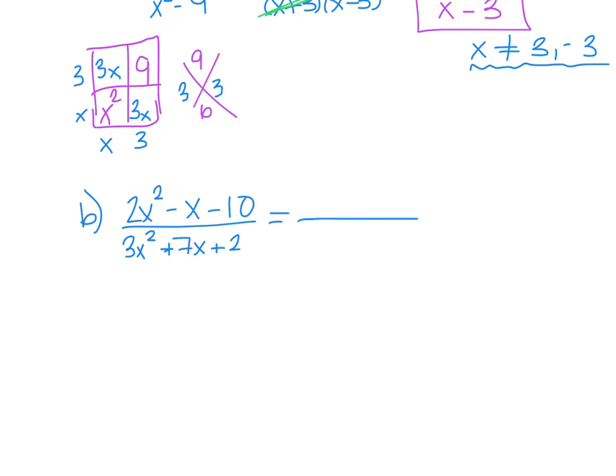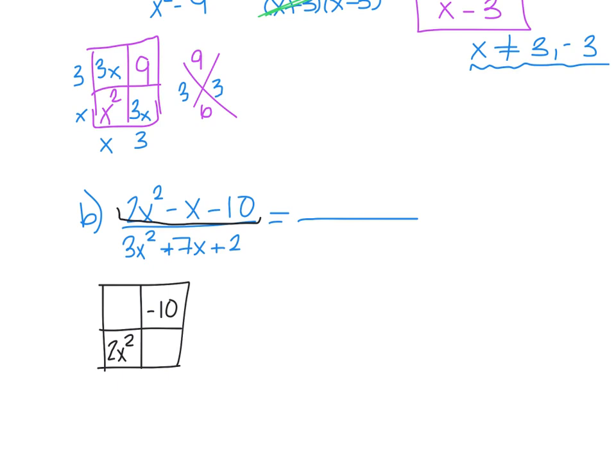Let's see, I'm going to do this numerator, I'm going to factor that here. So I've got 2x squared down here, negative 10 here. Then I need to take this negative x and somehow combine two x terms here so that they add to negative x.